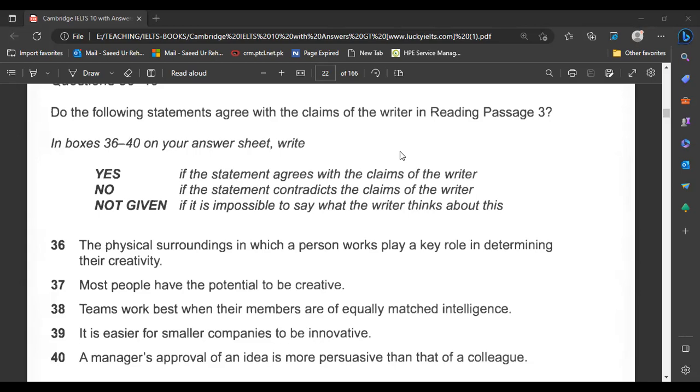And you will have to shift the answers in the same 1 hour. You will get the answer sheet in advance with your question booklet, and you will have to shift the answers in the same time, 1 hour. Okay. So time management is most important in your reading task. Any other question? Okay. No, sir, thank you.